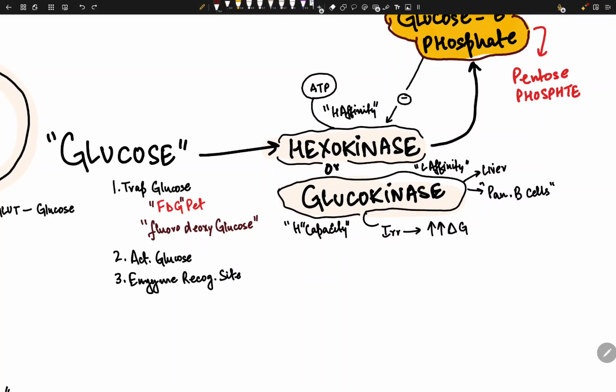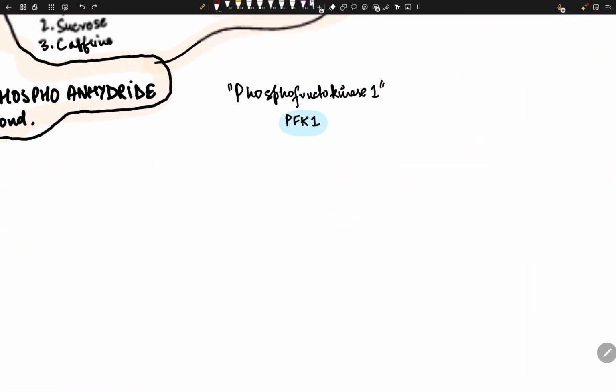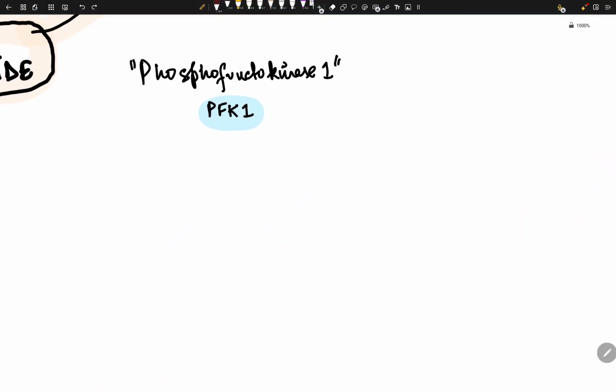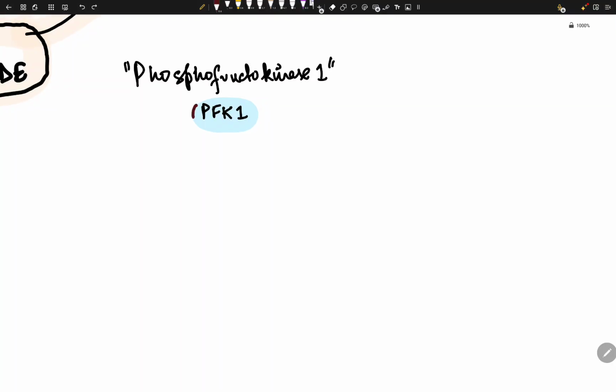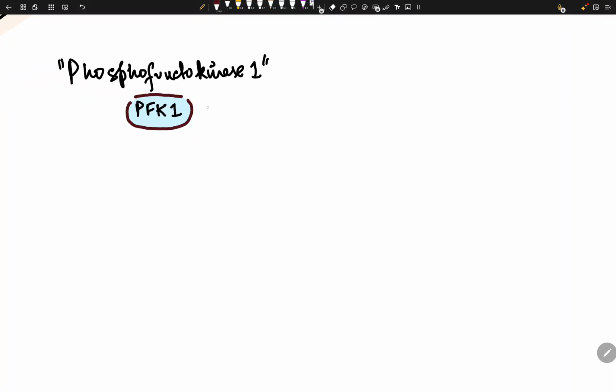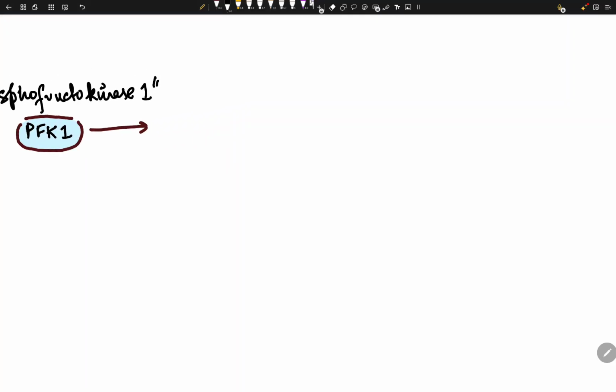After this step, the glucose is more committed to glycolysis. So PFK1 actually is just an enzyme that makes sure that your glucose 6 phosphate is not running away to another story. PFK1 adds another phosphate so that it becomes a bisphosphate.